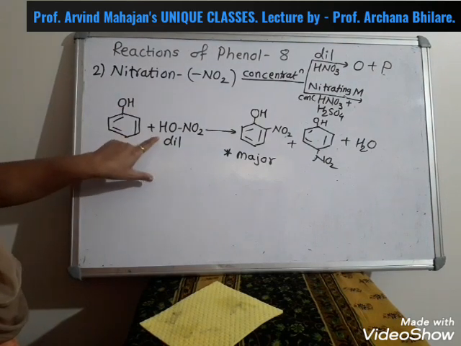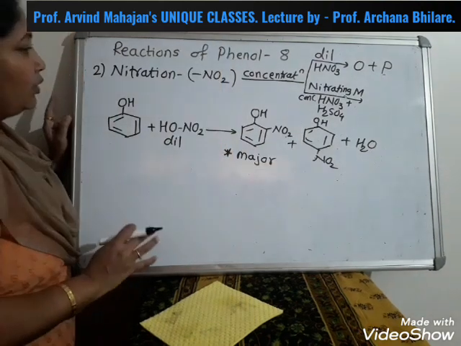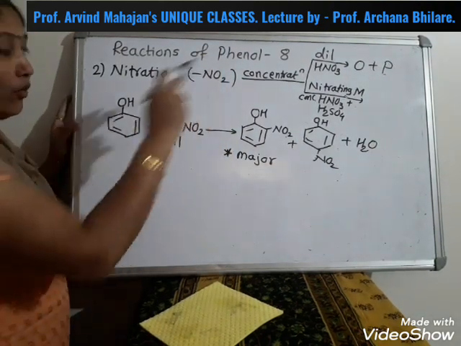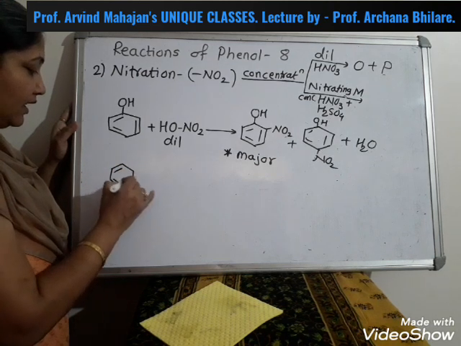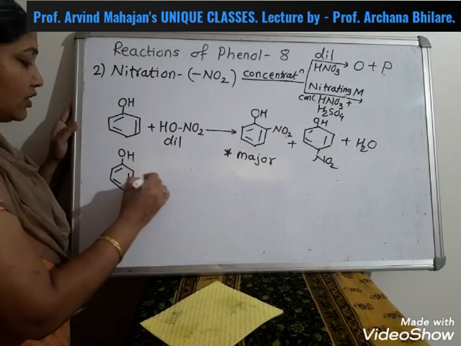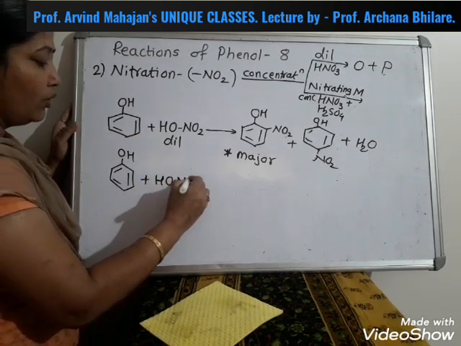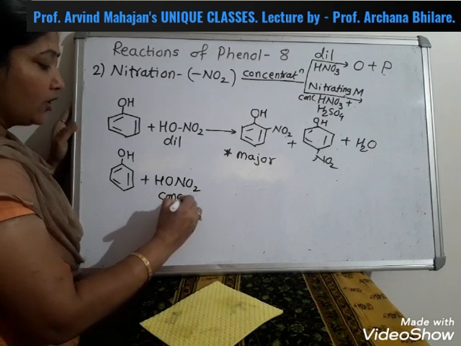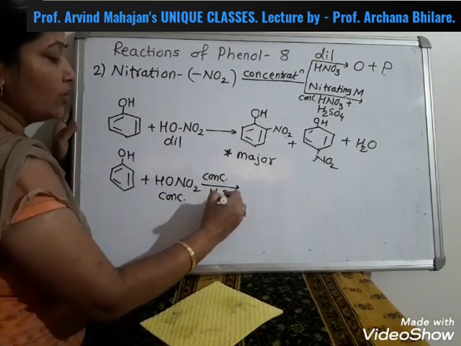So the effect of dilute HNO3: phenol forms a mixture of ortho and paranitrophenol. Now what if we use nitrating mixture? See, benzene ring connected to OH group reacts with HONO2, it is concentrated, it reacts with concentrated H2SO4.